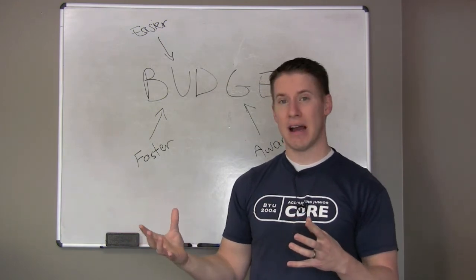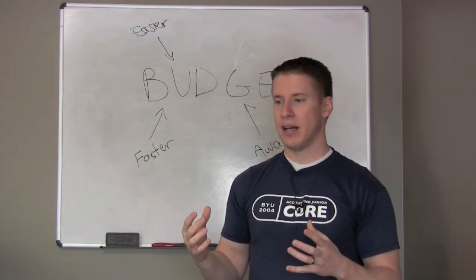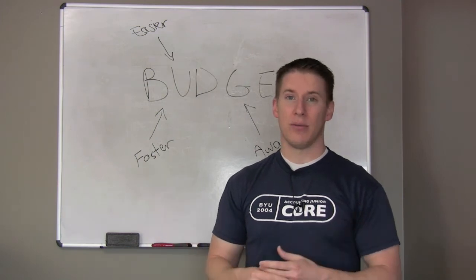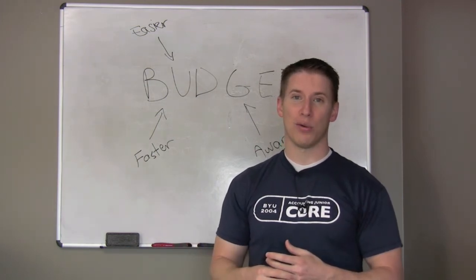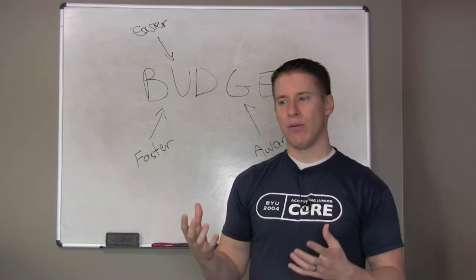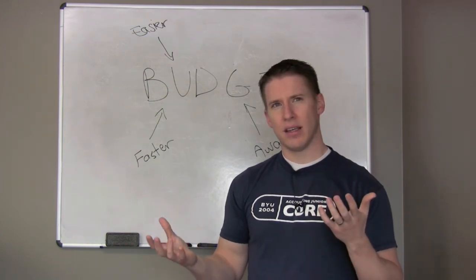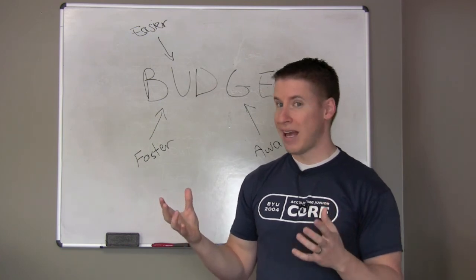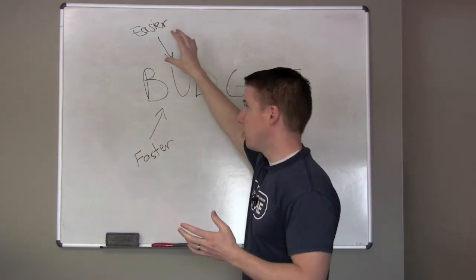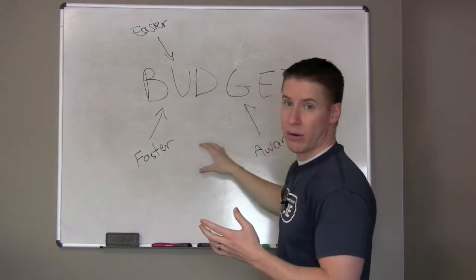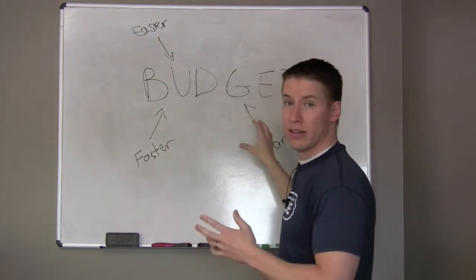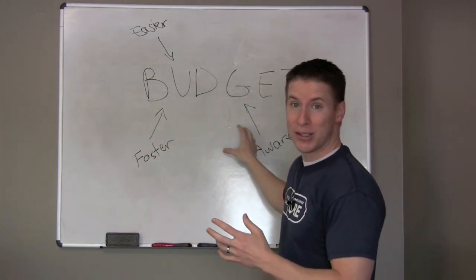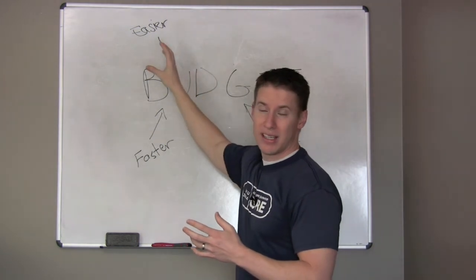Taylor has finite time, believe it or not, and we can't add everything. And we certainly can't add everything all at once. That's what we weigh: the time it would take, the percentage of users it would affect, and would it add bloat? Does it fall into one of these three categories? Does it make budgeting faster? Does it make our users more aware of their budget and spending? And does it make budgeting easier?